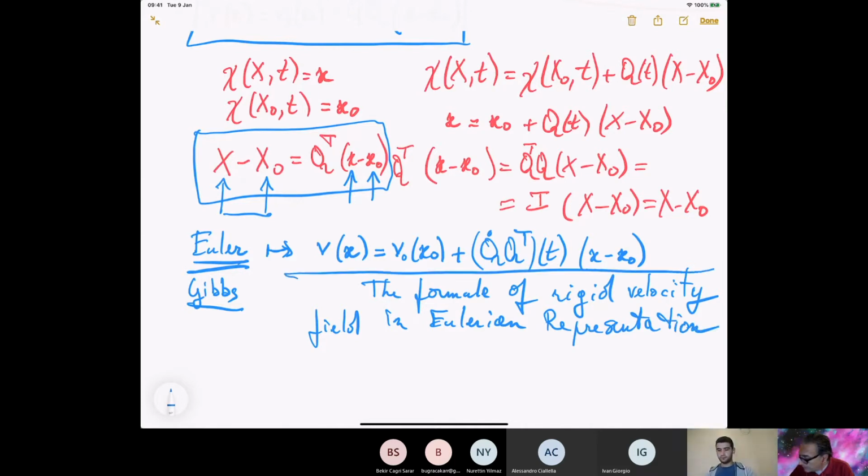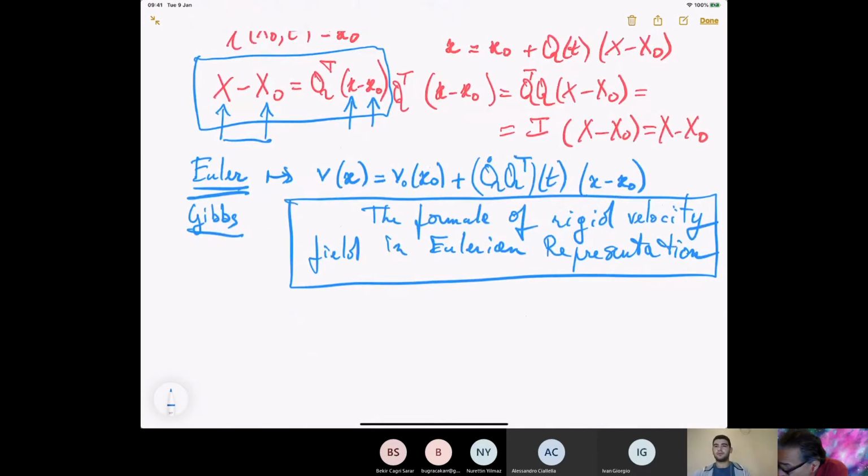Okay. So we need to understand how Q dot Q transposed is made.